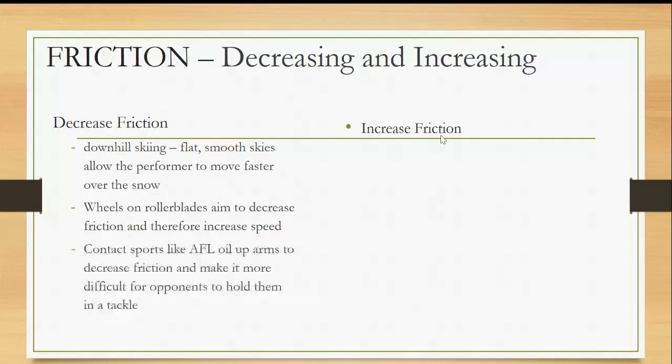In contact sports like AFL, they oil up their arms to decrease the friction, which makes it more difficult for their opponents to hold onto them in a tackle. They can't be gripped as easily. Their hands slip off because there is less friction, so it's harder to get a hold of them.